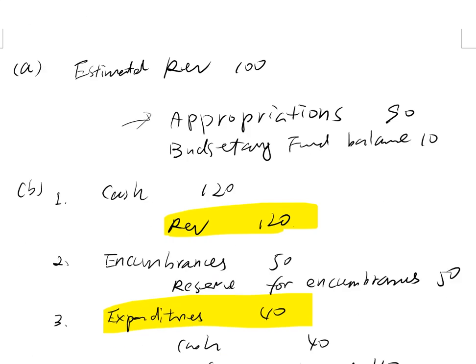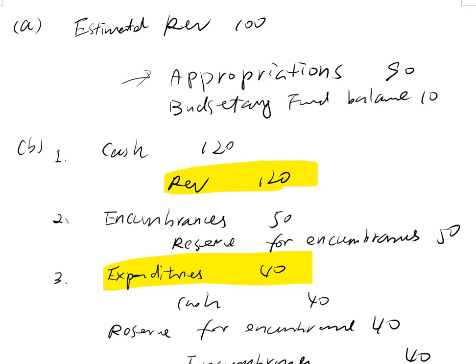So remember, how much cash do we have? If you keep the cash T account, it's easy to know how much cash we have, right? So if we have the cash account in the ledger, we debit 120 and we credit 40.